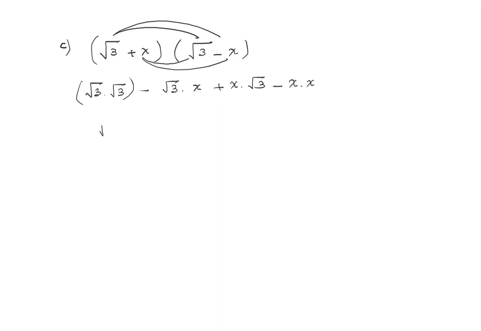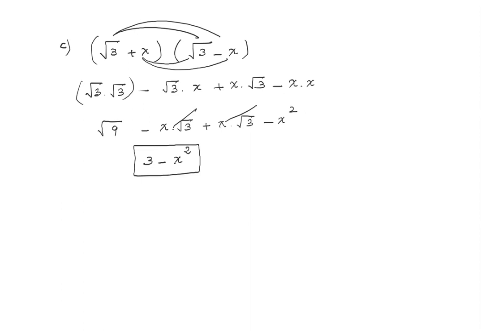Square root of 3 times square root of 3 is 9. This is going to be x times square root of 3 plus x times square root of 3 minus x squared. So these two get cancelled. Square root of 9 is 3. So it's going to be 3 minus x squared.